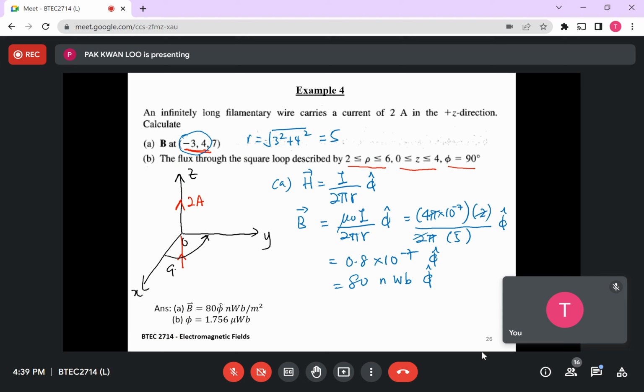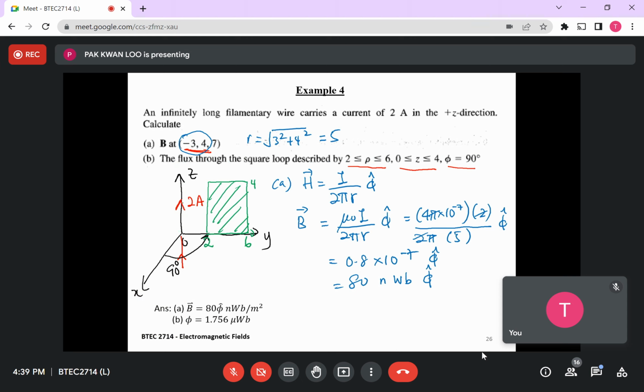So the plane will be like this, from radius 2 to 6, and z is from 0 to 4. So this is the plane now.